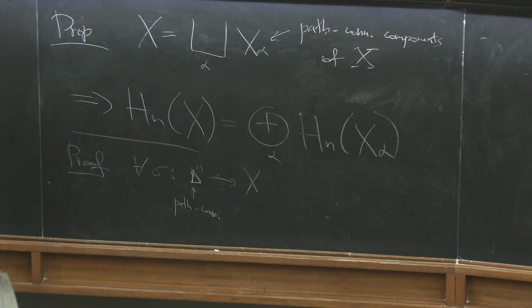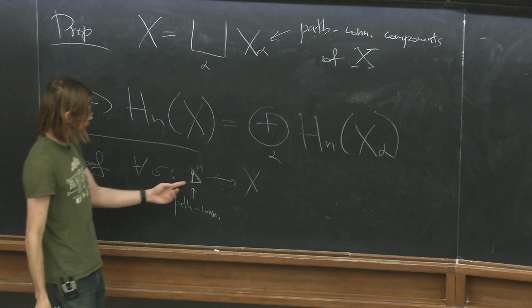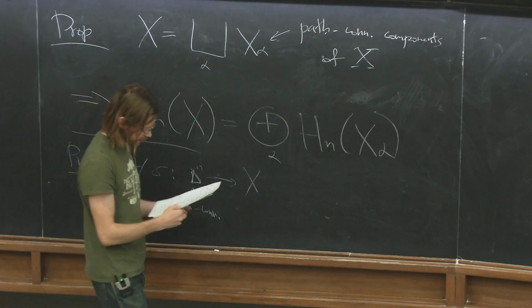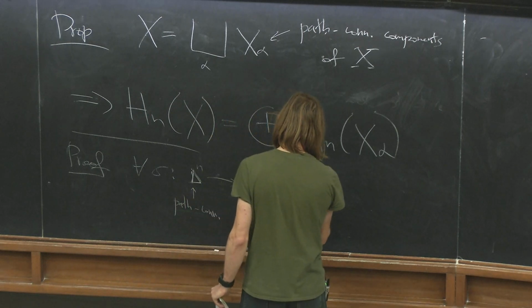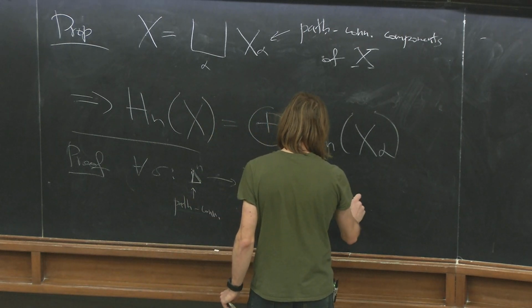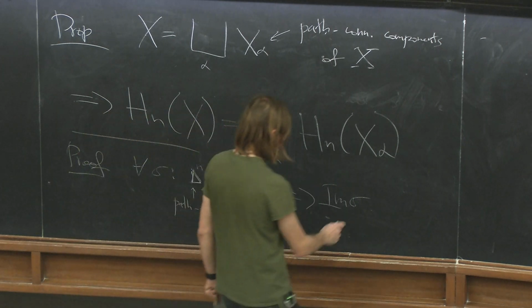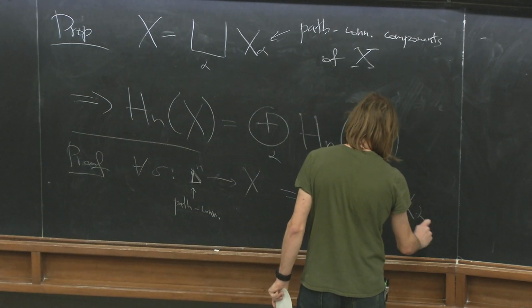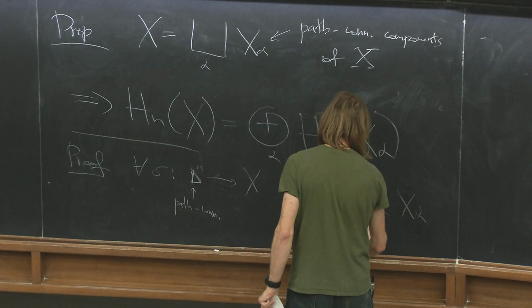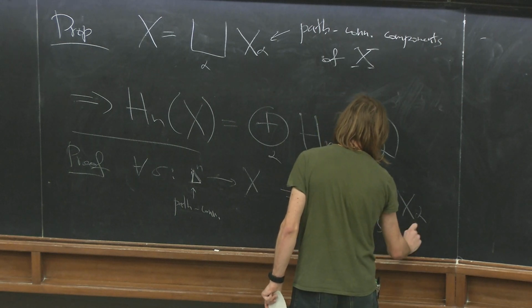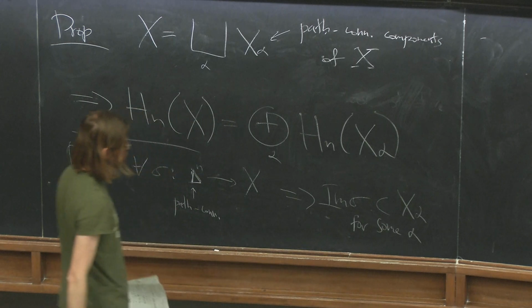Then it follows that the image of delta n should also be path connected. And then it follows that the image of sigma belongs completely to one of these path-connected components, to some X alpha, for some alpha.